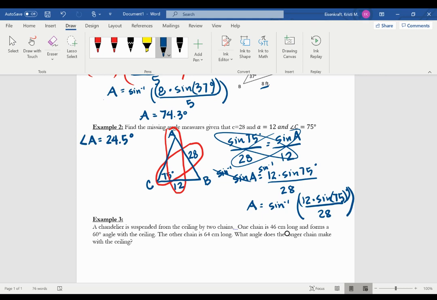Okay, in order to find angle B, I still don't have side B, but remember the triangle sum theorem. There's 180 degrees in any triangle, so angle B is going to be equal to 180 degrees minus the sum of the other 2 angles, 75 plus 24.5. I don't make mistakes.